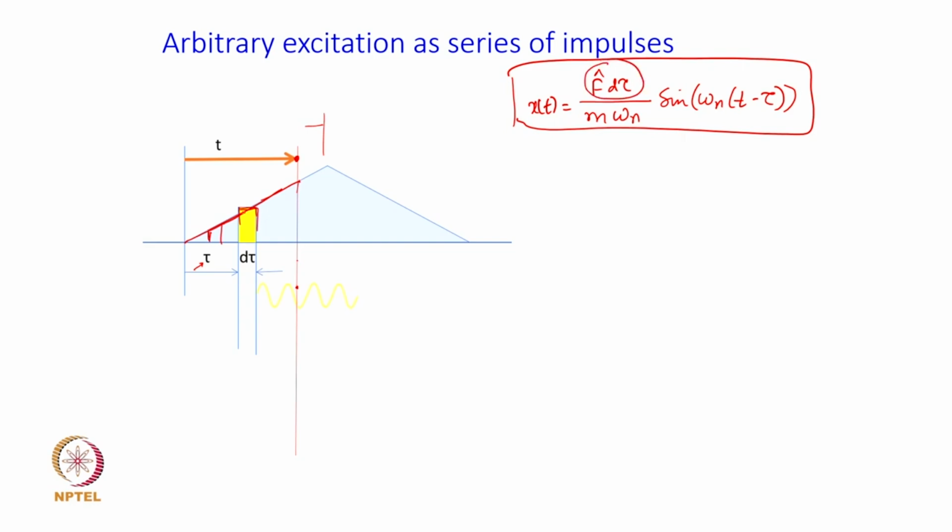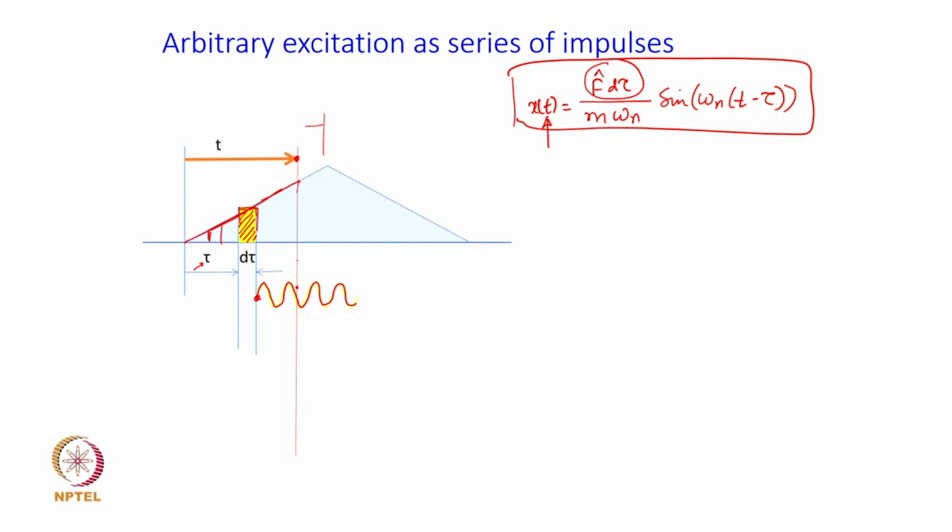So, if I know the strength of this impulse, I know the response due to that impulse, and that response will start from this point onwards. Obviously, the response of the system will start from where the impulse is applied in time.